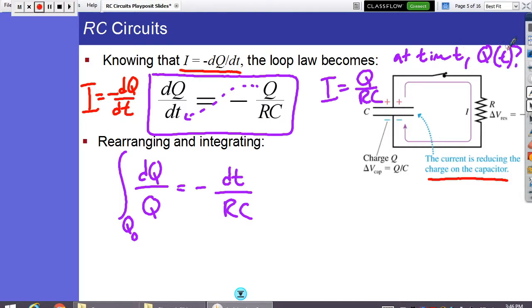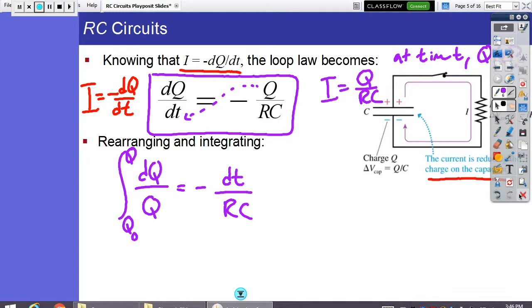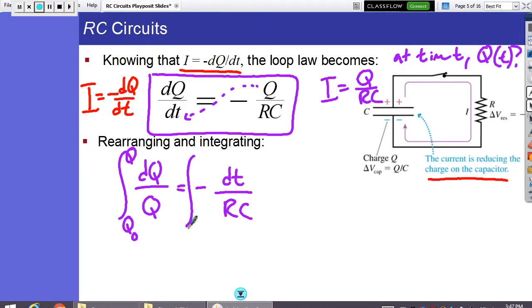So I'm going to integrate from the charge Q0 I started off with to whatever charge Q I end up with. And over here, I'm going to do this integral from time equals 0, when I first started, to whatever time t I have.